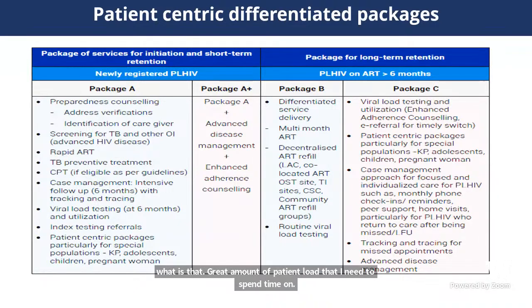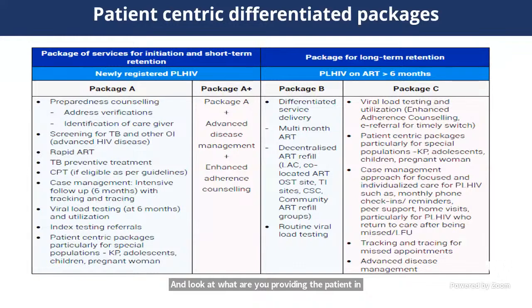Now, I want you all to focus for 1 minute on this slide and look at what you are providing the patient in package A. Very important things that we need to bear in mind if you really want to prevent death and prevent loss to follow up. The calling of these patients, okay, every 15 days for the first 3 months and then monthly until 6 months, that should be very, very important to track that patient.